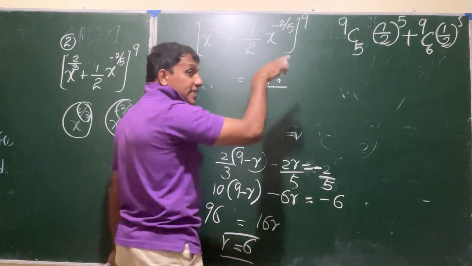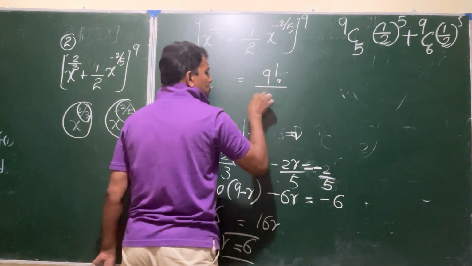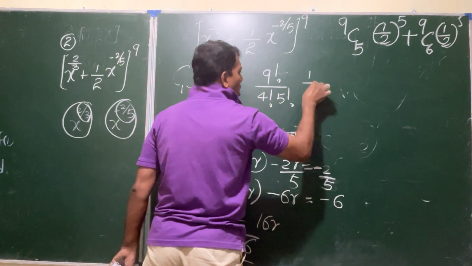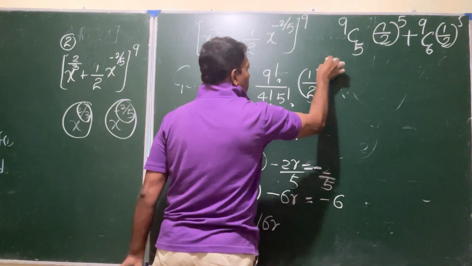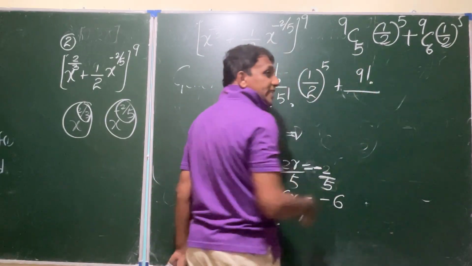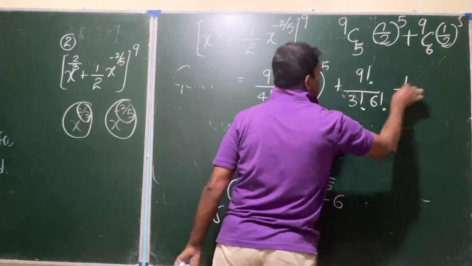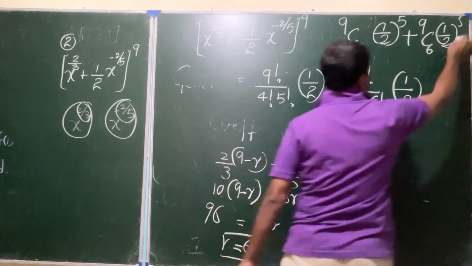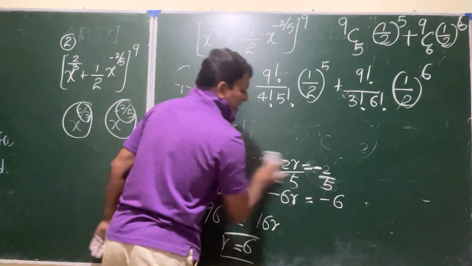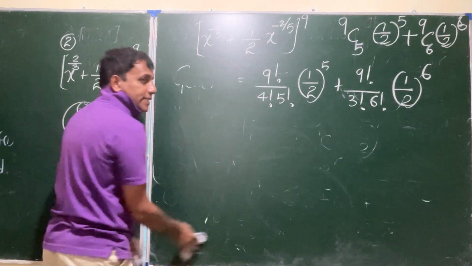Follow nCr: factorial 9 over factorial 9 minus 5, factorial 4 into factorial 5, half to the power 5, plus 9C6, factorial 9 over factorial 3, factorial 6, half to the power 6. Now, if you know some basic idea, first day class lesson of factorial knowledge, simplify.